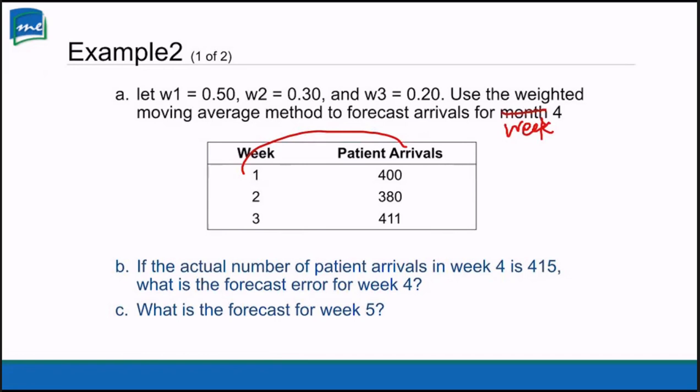But compared with the simple moving average, now we prefer to use the weighted moving average. So for this example, besides the table, it also provides the weights we need to use to compute the moving average. W1 represents the weight for the most recent period, this is for the second most recent period, and this is for the third most recent period.